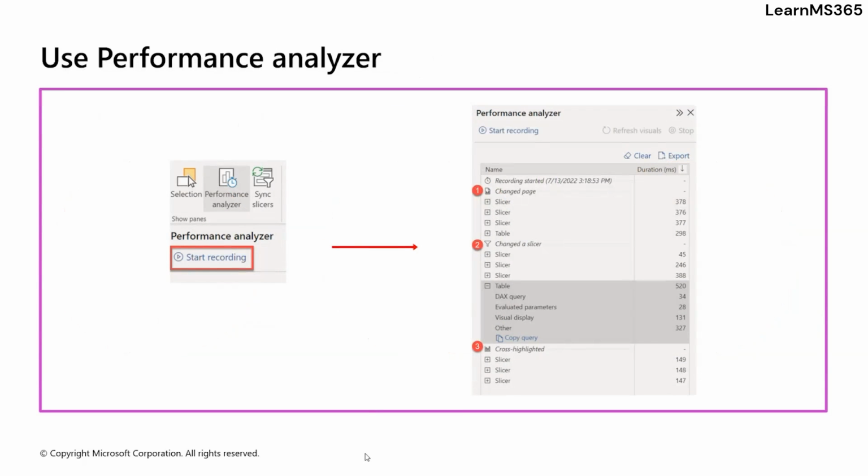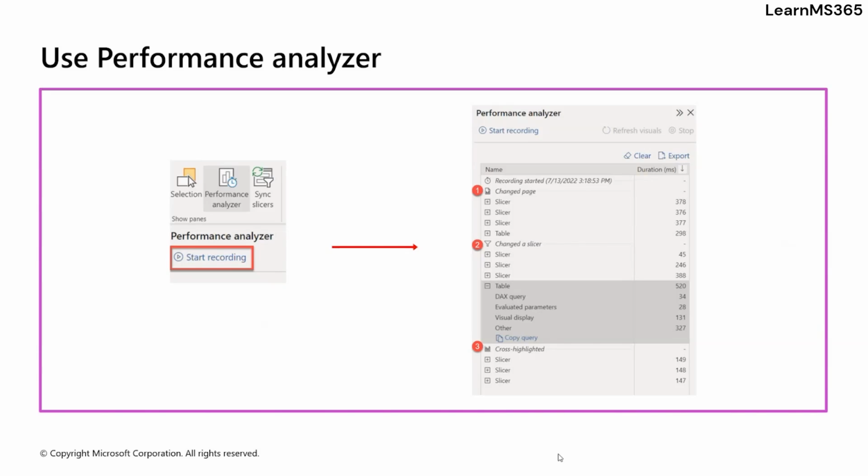So using the Performance Analyzer. Performance Analyzer helps you to optimize at two of the four architecture levels, okay, the data model and report visuals. The Performance Analyzer is a great place to start when you are optimizing reports.